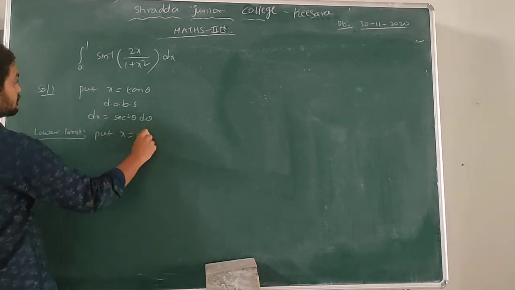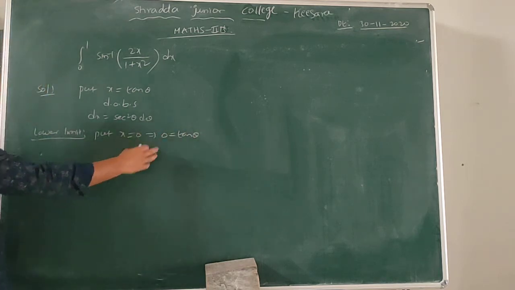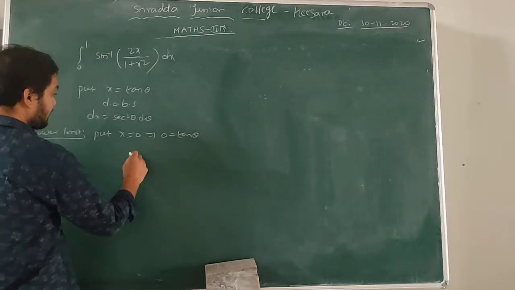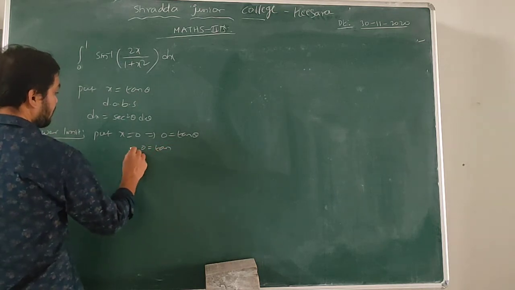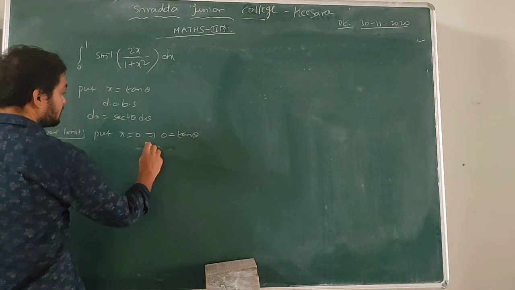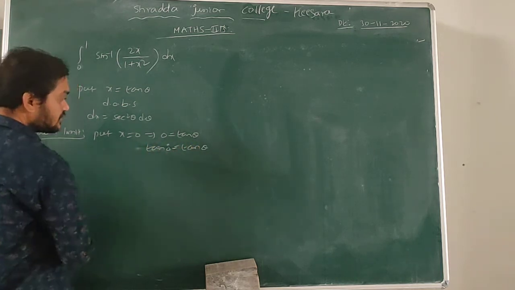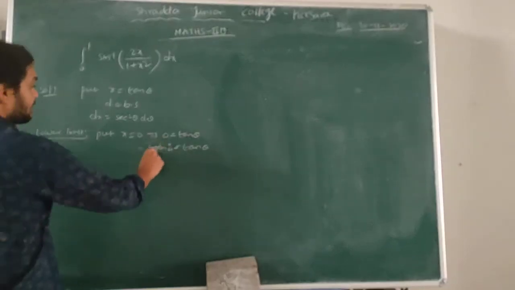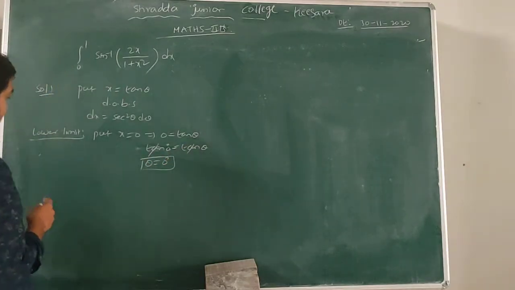Put x equals to 0, then 0 equals tan theta. Now 0 means tan 0 degrees equals tan theta. Now tan gets cancelled on both sides, so theta equals 0 degrees.